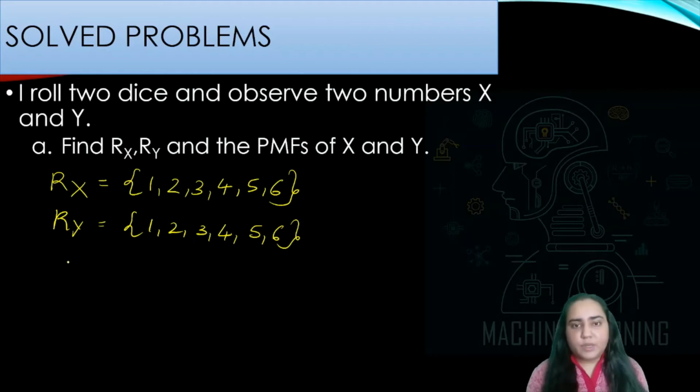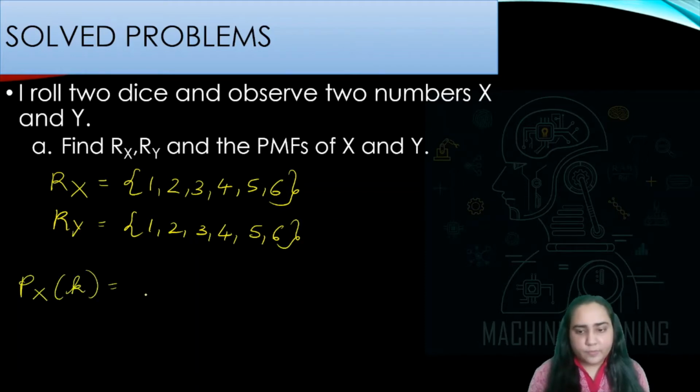And to find the PMF of x, we are simply going to write Px of k is equal to, now probability of getting any of these values from 1 to 6 is going to be 1 by 6 because there are 6 possibilities. So it is going to be 1 by 6 whenever k is from 1 to 6. And it's going to be 0 otherwise.